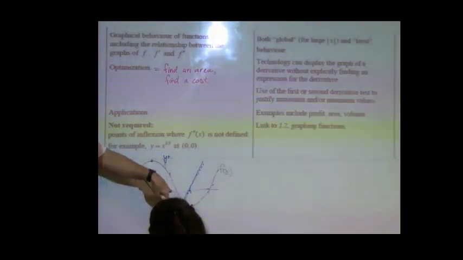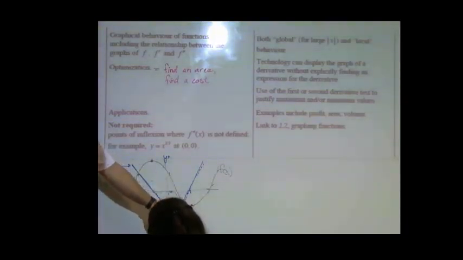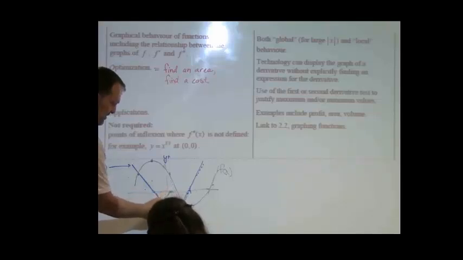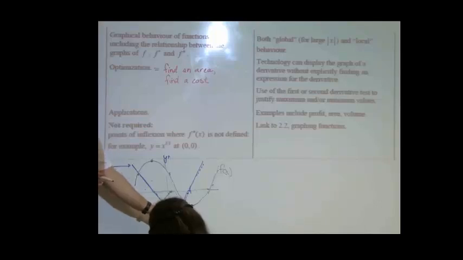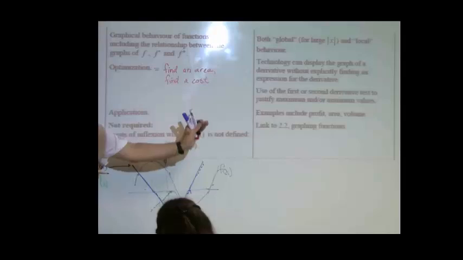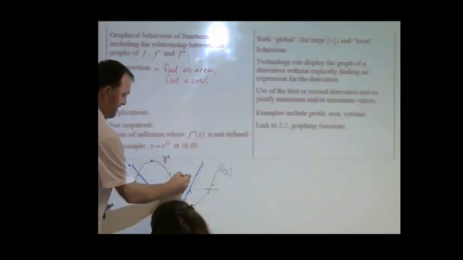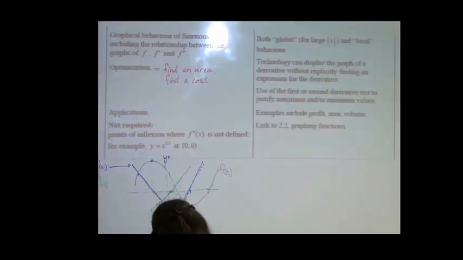To the left of my 0, what's the slope? Negative. So this graph needs to be down here in the negative, and to the right of the point, the slope is positive, and so to the right, I need to have positive values.